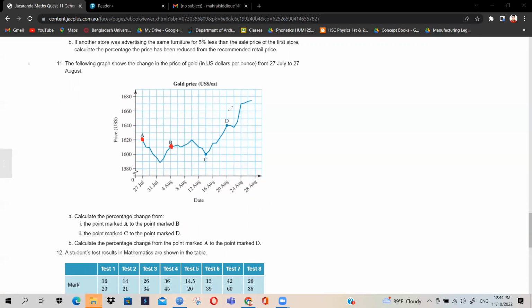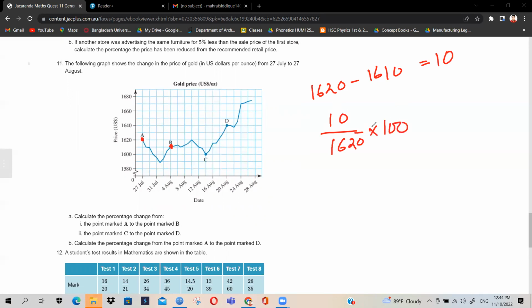That will be 1620 minus 1610, which equals 10. So $10 has been changed from 1620.